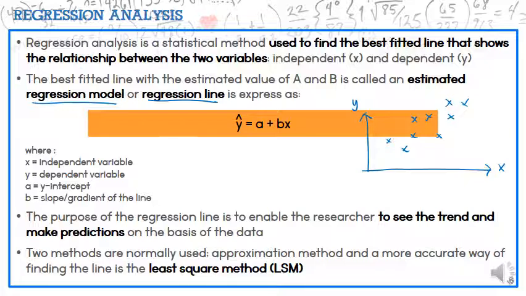If you want to find the strength of the correlation, you use correlation analysis. But if I want to find a line that best fits this relationship, you have to use regression analysis.